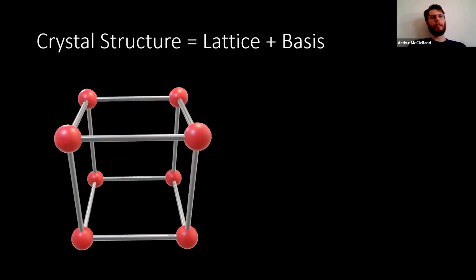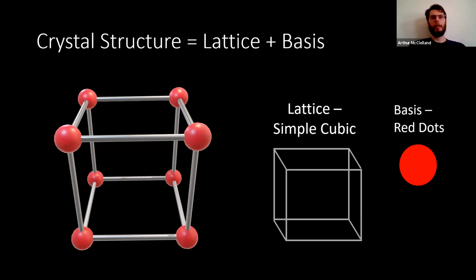So material scientists think of crystal structure as two parts, the lattice plus the basis. Here is a cartoon of a simple cubic lattice. If we split that out, the lattice is simple cubic, and the basis in this case are the red dots.